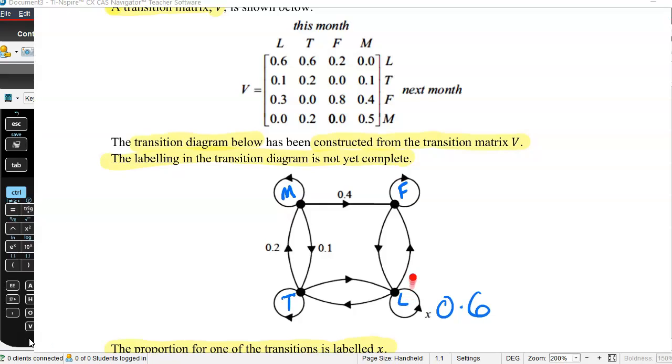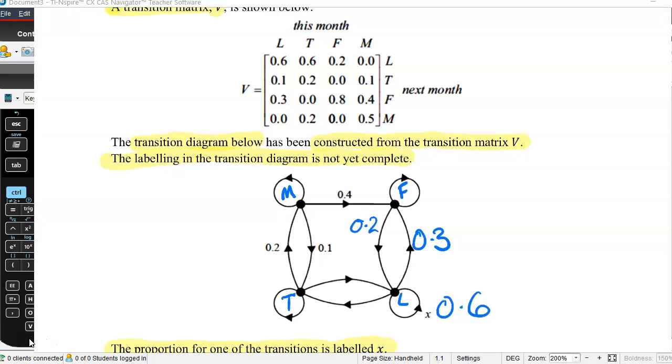Going from L to F, 0.3, start at L and then go to F next month. So that would be 0.3. And F to L is 0.2. So 20% that were at F this month will be at L next month.